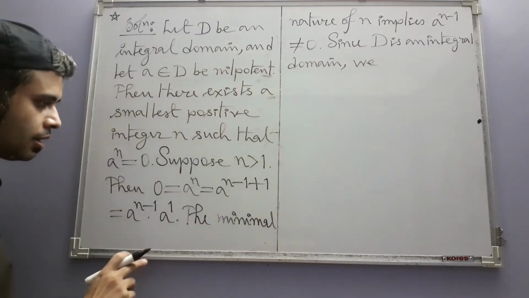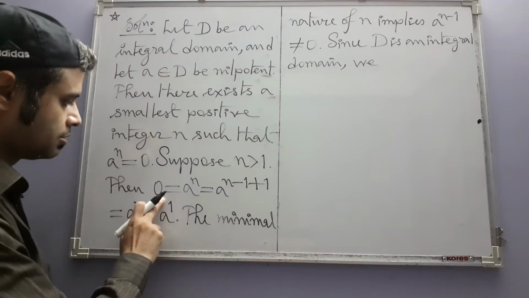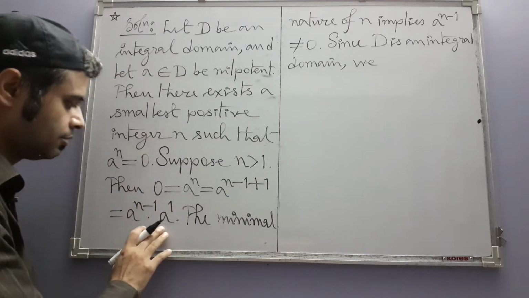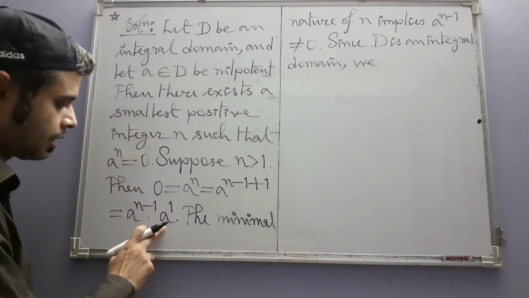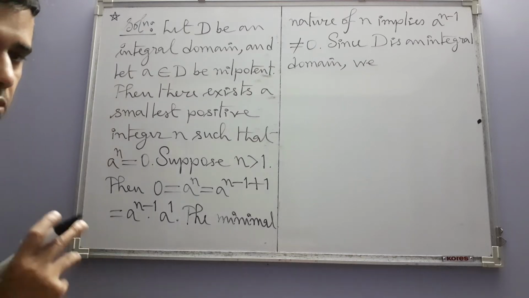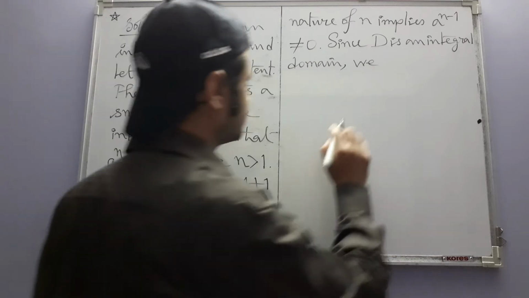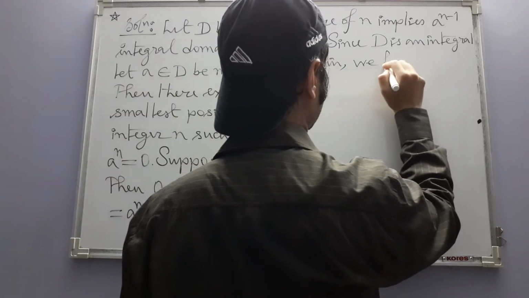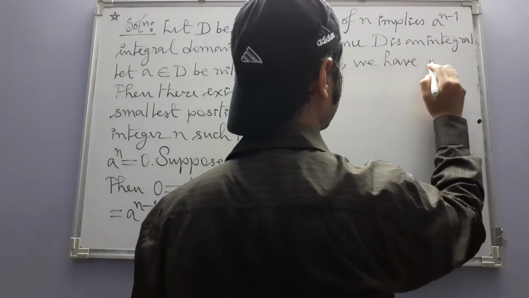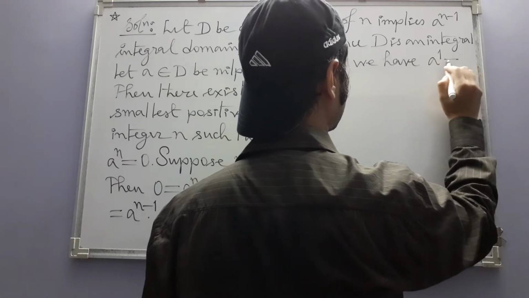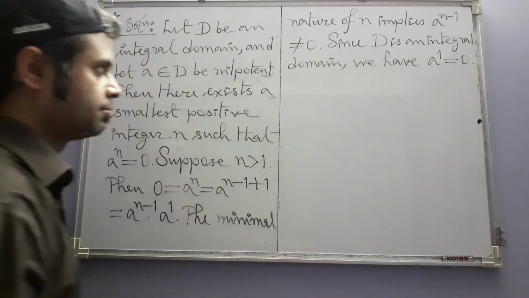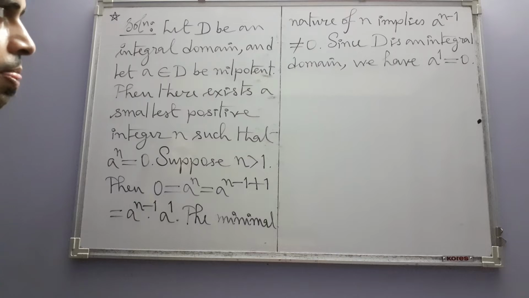So in an integral domain, if the product of two elements is 0, one of which is non-zero, we must have the other equal to 0, because we do not have non-zero zero divisors in an integral domain. We have this equal to 0.